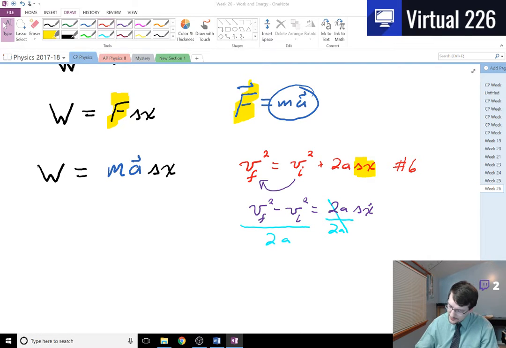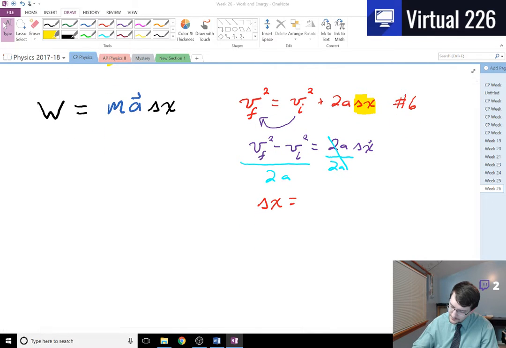Oh, you know what? Hold on. Oops. I want to solve for a here, so I don't want to divide by a, I want to divide by 2 delta x. There we go.